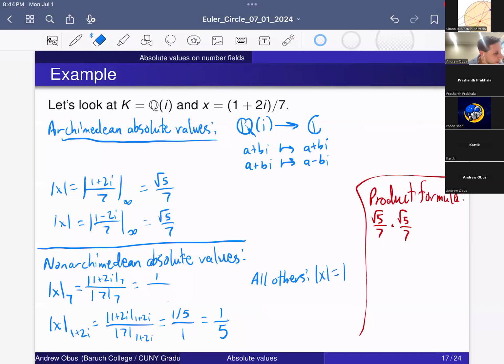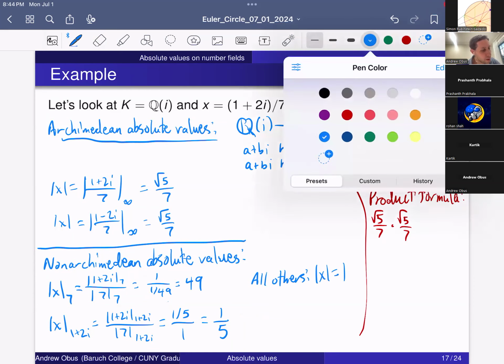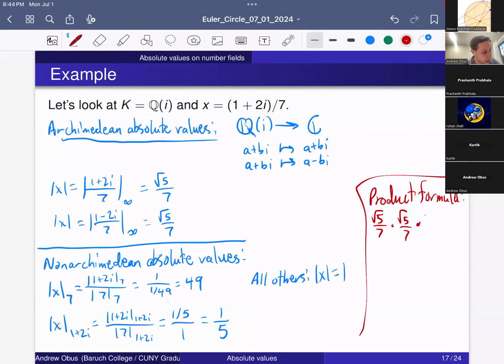It shouldn't be 1/49th. This is 1 over 1/49th, which is equal to 49, because the 7-adic absolute value of 7 is 1/49th. So square root of 5 over 7 times square root of 5 over 7 times 49 times 1 over 5, and that turns out to be equal to 1.